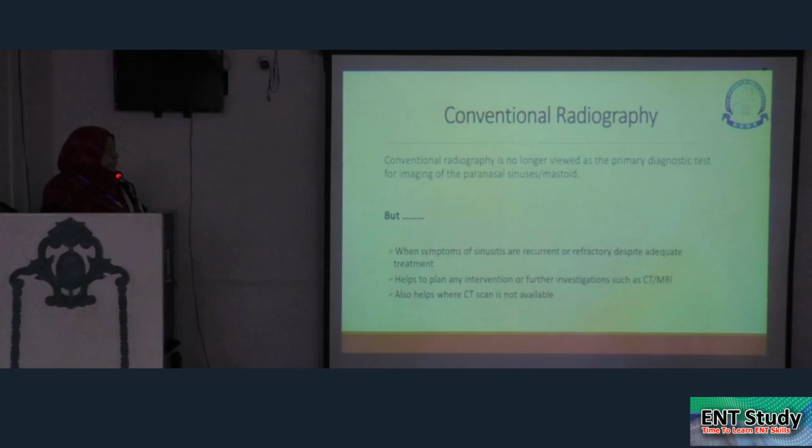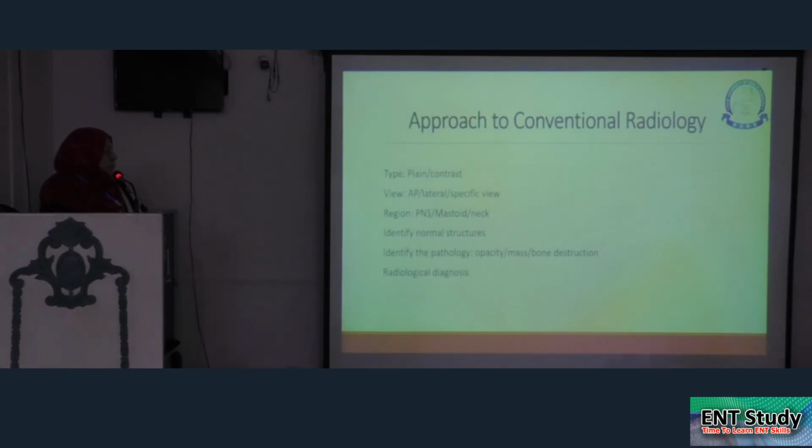developing countries. What is the approach to conventional radiology for the head and neck or any imaging? We have to first assess whether it is a plain or a contrast study. What views are done: AP, lateral, oblique, or any specific view?